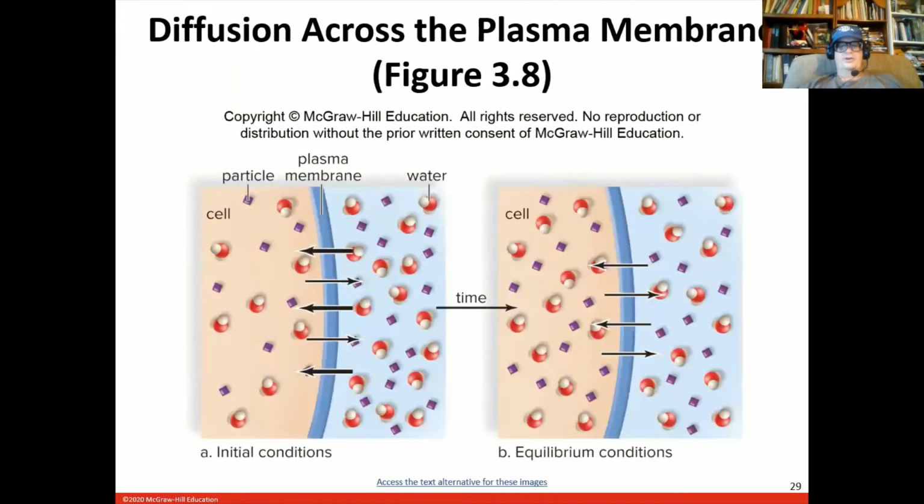All right, so here we're showing initial conditions. And in initial conditions on slide 3.8, you can see that we have a lot of stuff on one side of the membrane and not as much on the other. You can see in slide 2, we've reached equilibrium. We've got the same conditions, the same concentration on both sides. That type of movement would be passive.